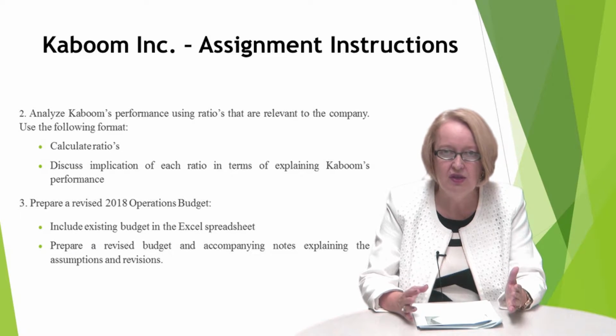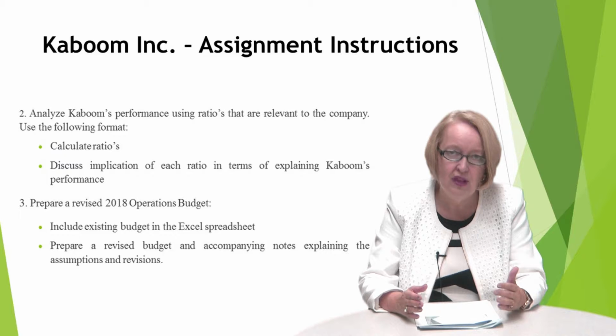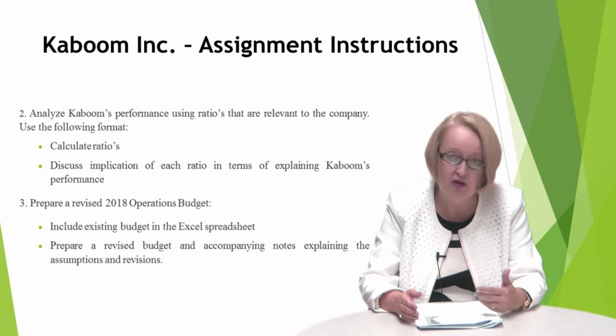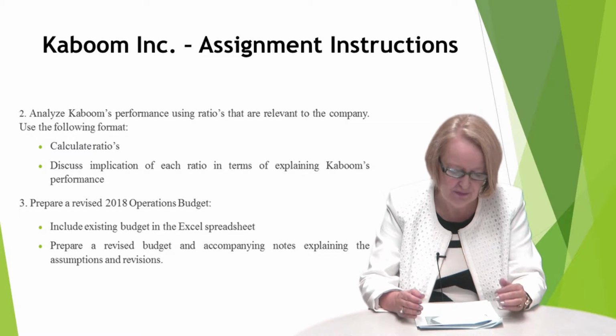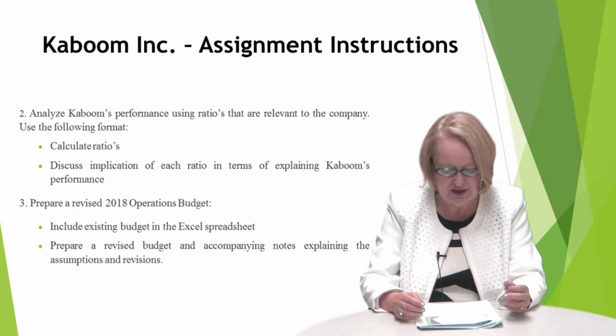So it's up to you to select the ratios that are relevant. Calculate for each ratio, do the calculation, then discuss the implication of each ratio in terms of explaining the company's performance. That's item 2. Then lastly, item 3 is prepare the revised 2018 operations budget.